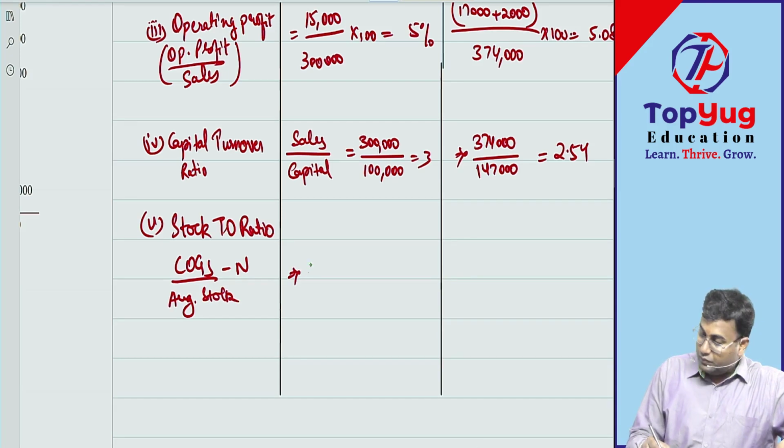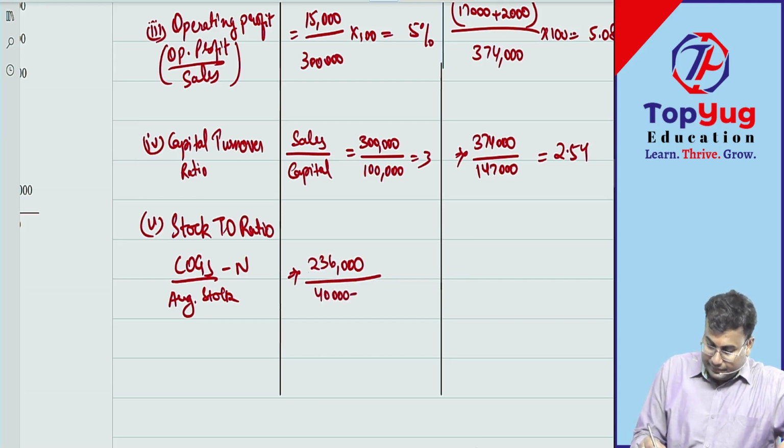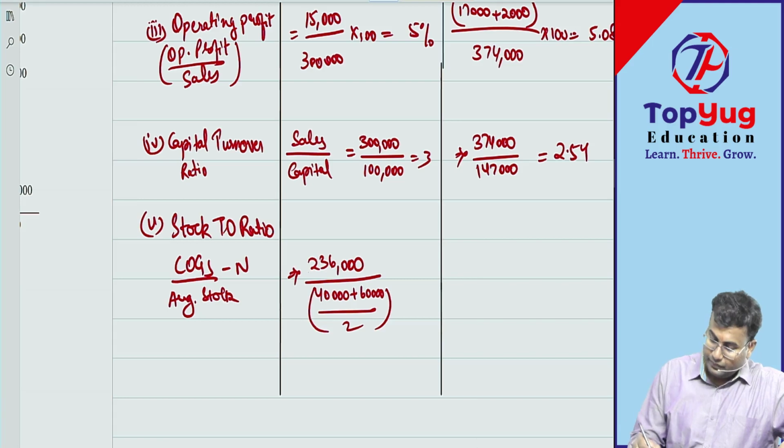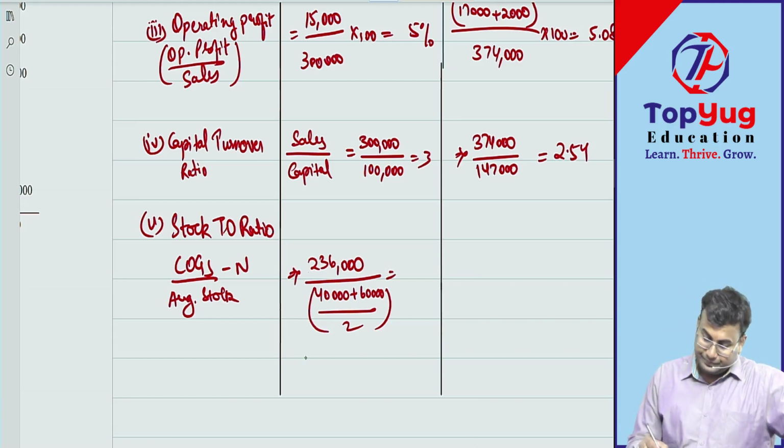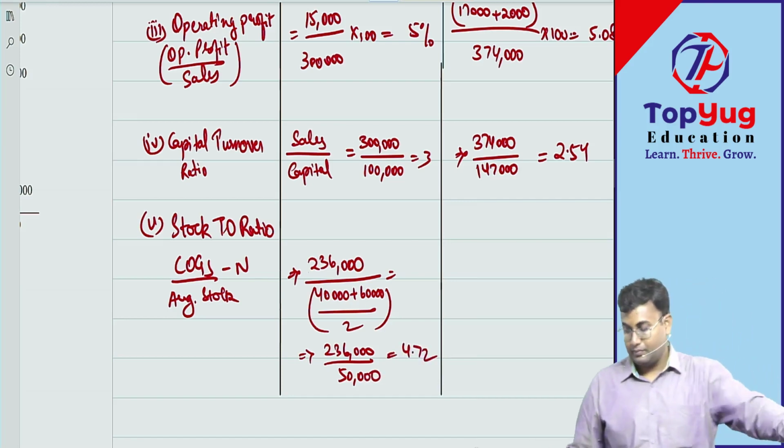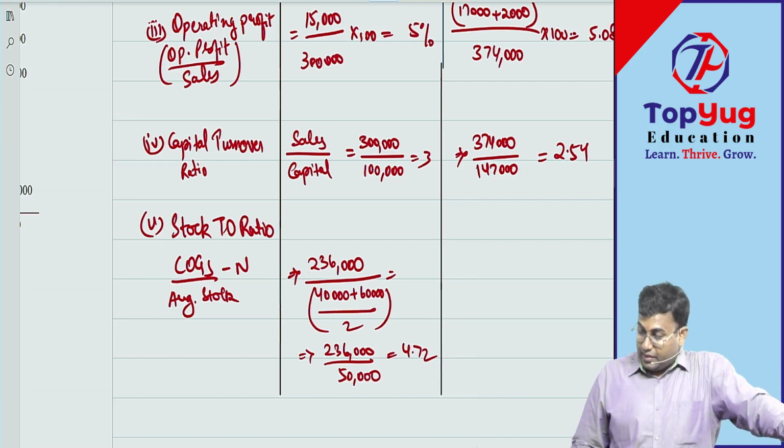Yes. So what is cost of goods sold divided by 40,000? How much will it be? Again come down.